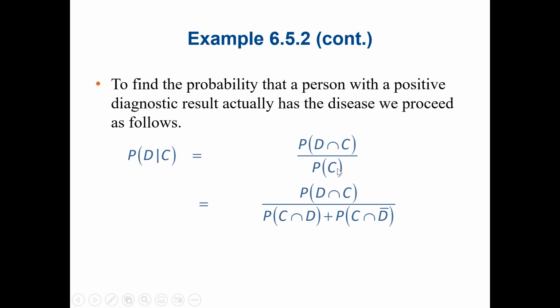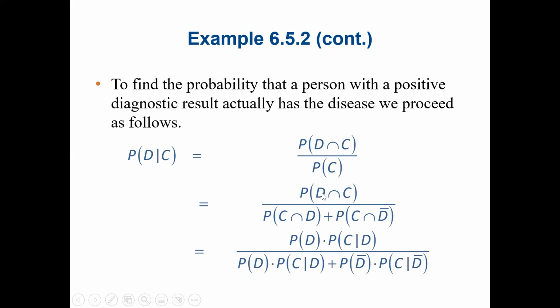So probability of C is the same as probability of C and D plus probability of C and D complement. Then we know probability of D and C will be probability of D times probability of C given D, divided by probability of D times probability of C given D, plus probability of D complement times probability of C given D complement. So again, this is the Bayes theorem to solve the problem.